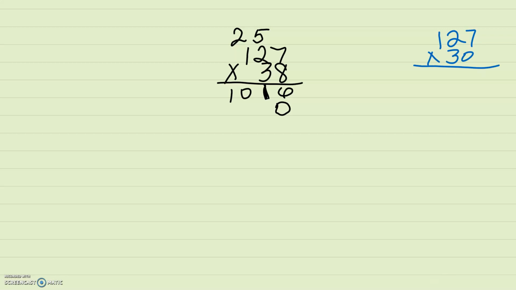Okay, so we annexed our 0. So we took this 0 and we annexed this 0. Okay. All right, so now we're going to multiply times the 3 in the tens place. So we're going to do our ones in our top factor, which is 7 times our 3.